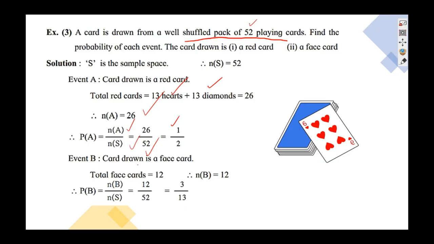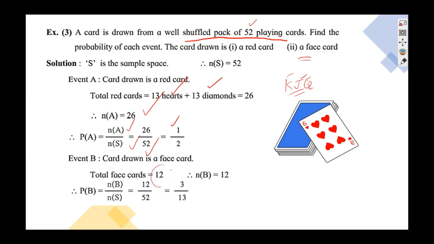The second part of the question is, what is the probability of getting a face card? What is this face card? As I told you, there are 3 cards which are King, Queen and Jack. These cards are called the face cards, and all 4 types of cards, heart, diamond, spade and club, have face cards.